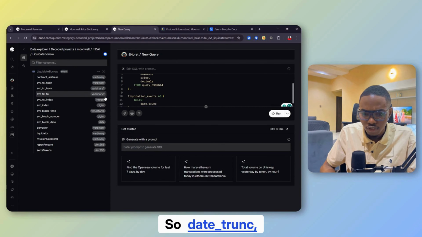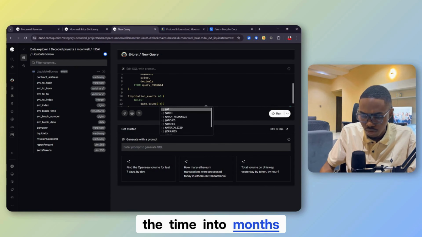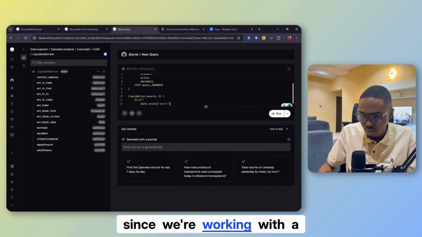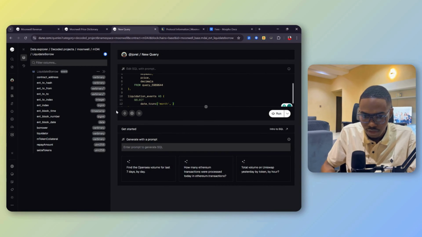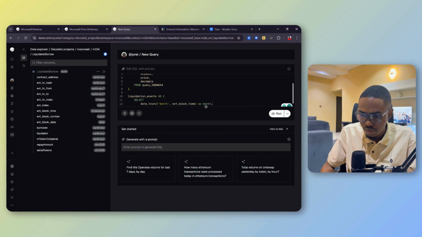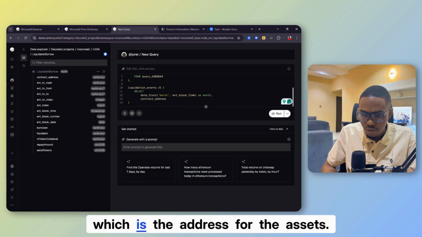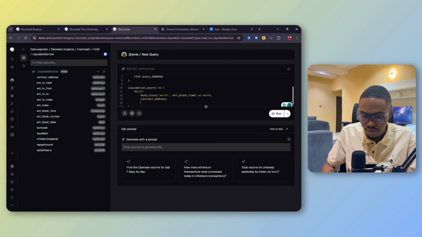So we truncate the time to month, since we're working with a monthly time series. So we'll say as month. Then we'll also grab the contract address, which is the address for the assets.